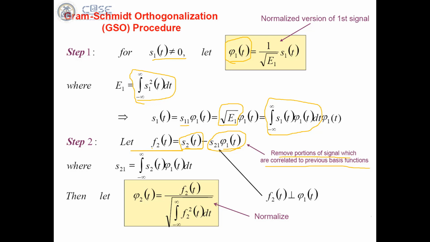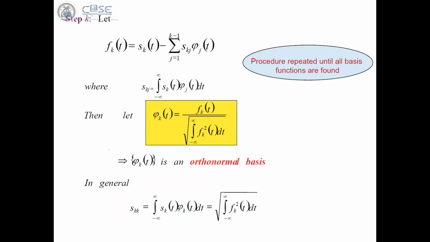The resultant function is stored in f2 of t, and you normalize that result with its energy, right? And there you get the second basis function, which is totally independent of the first basis function. The second basis function will be orthonormal to the first basis function phi1 of t, right? Then you repeat the same step and procedure until all the basis functions are found.